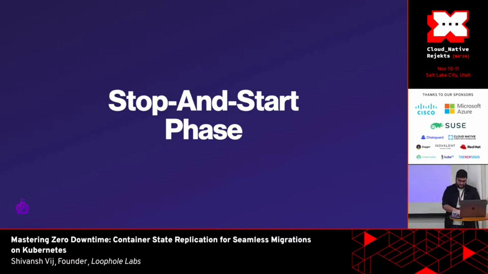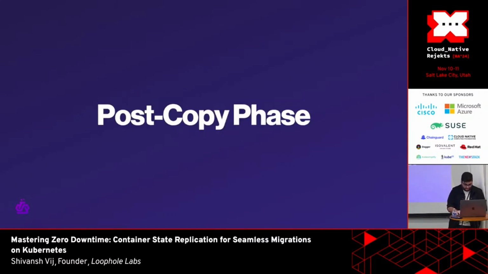Now our application can resume on the other host, and it's going to try and access that data. Now this is where we take advantage of Silo's post-copy phase. Because the application is going to try and access this memory or disk, and we can access that with Silo, again, this is part of the kernel modules that we put together, we can do all of this in kernel space. So instead of using userfaultfd or something else that has to jump up into user space over and over again for every 4 kilobyte page, you can actually do this completely in kernel as part of the standard page fault.